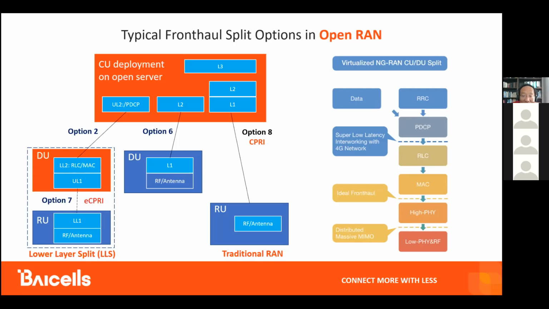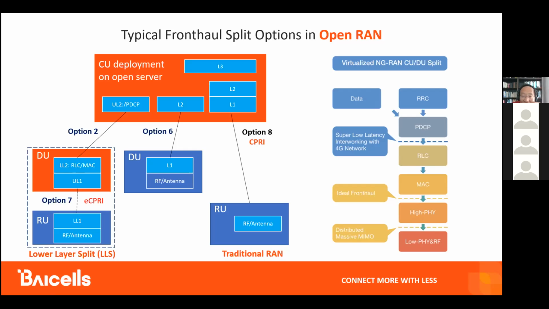Typically, this is placed very close to the antenna to reduce the radio propagation loss. And above RF is the PHY layer, which does a lot of the radio modulation and beamforming, which are very typical technologies for 5G.